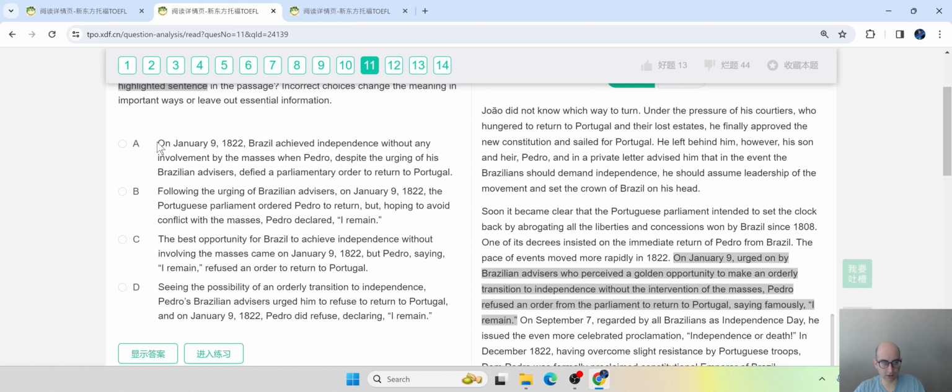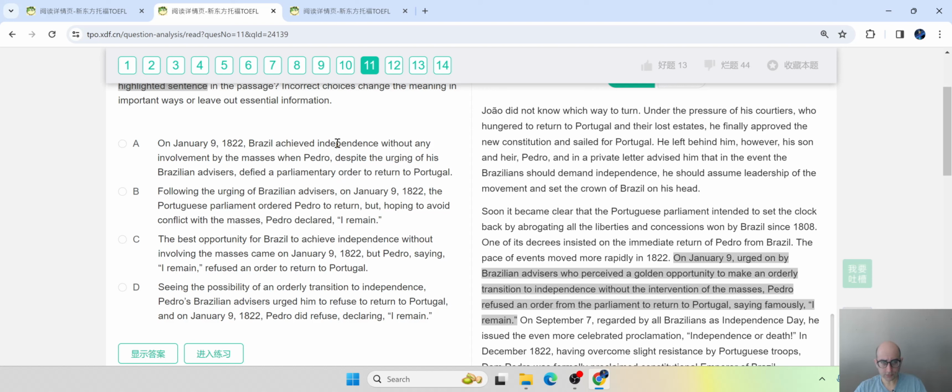So choice A, on January 9th, 1822. So on this date, yeah, it's pretty much the same date. They didn't add the 1822 part, but that's fine. Brazil achieved independence without any involvement by the masses when Pedro, despite the urging of his Brazilian advisors, defied a parliamentary order to return to Portugal.